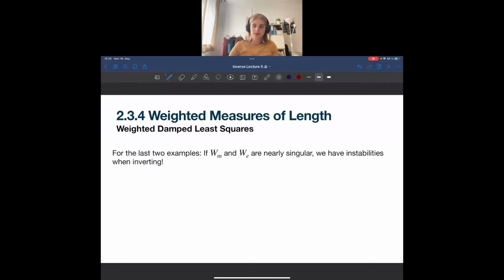What you should note is that we have those covariance matrices here in the example, but in general you can put in here whatever weighting matrix you want to have. But if one of those is nearly singular, then we have instabilities. And I always said we can only do this if the inverse exists. So there's always this question left: what are we going to do when the inverse does not exist? A sort of answer will be given here by using the weighted damped least squares.